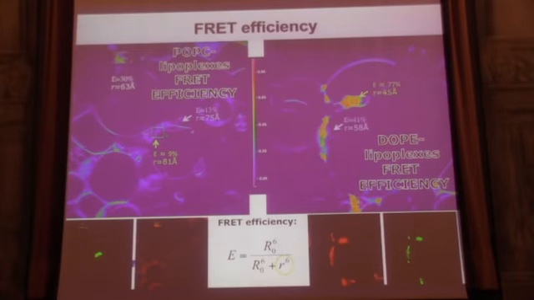At this point, you can even detect the average distance by using FRET between DNA in lipoplexes, and this is something that we did. This is where you have the 2 chromophores in the system.